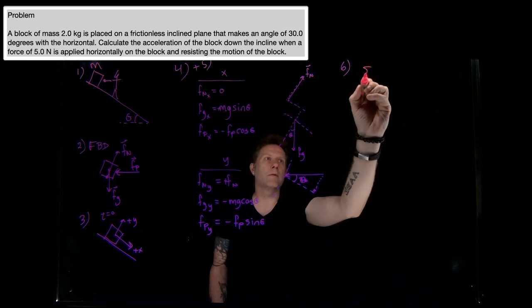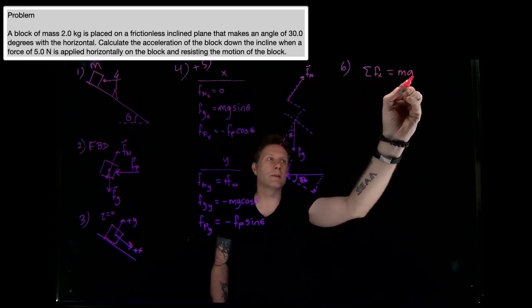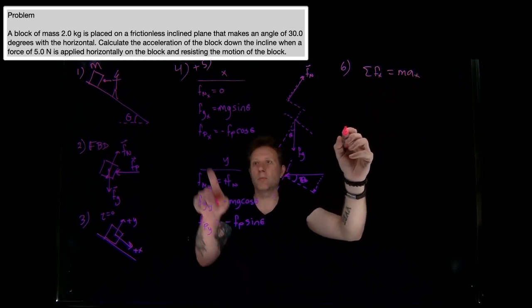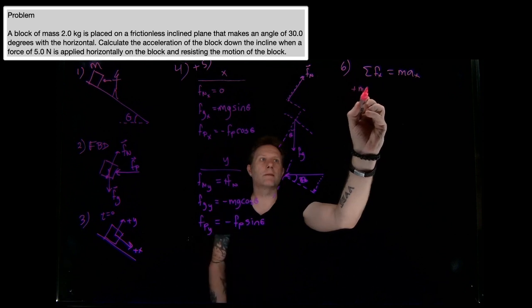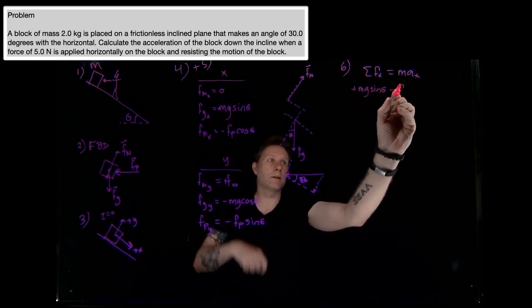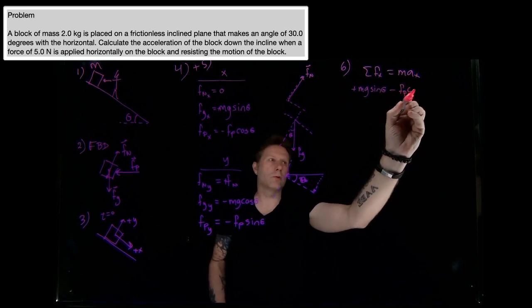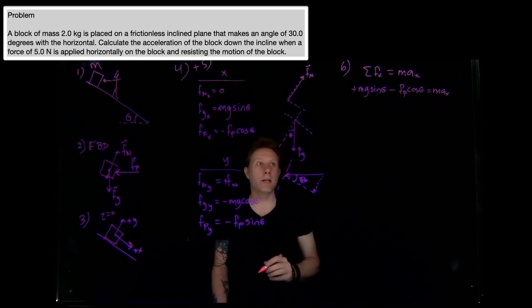So we have the sum of all the forces in x is mass times the acceleration in x. We sum up all the forces: we have 0, and then plus mass times the acceleration of gravity times sine of the angle theta, minus the pushing force times cosine theta, is mass times the acceleration in x.